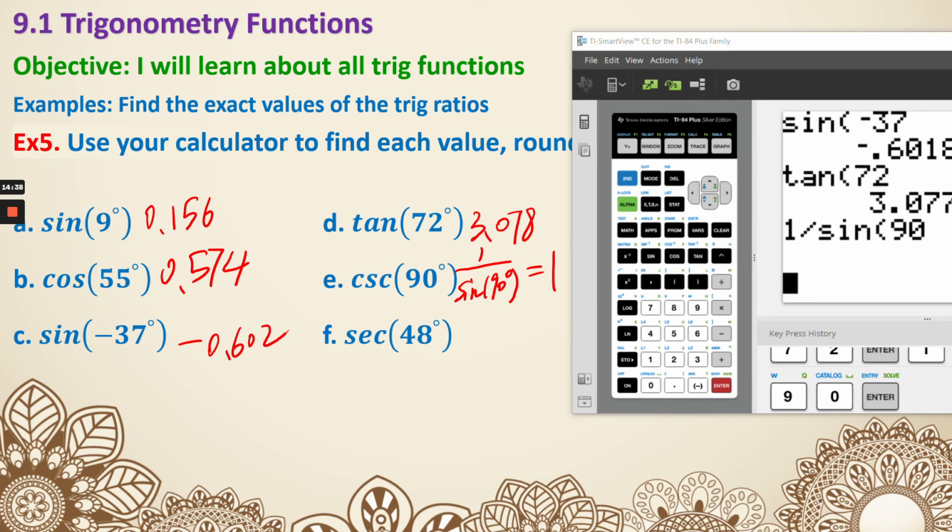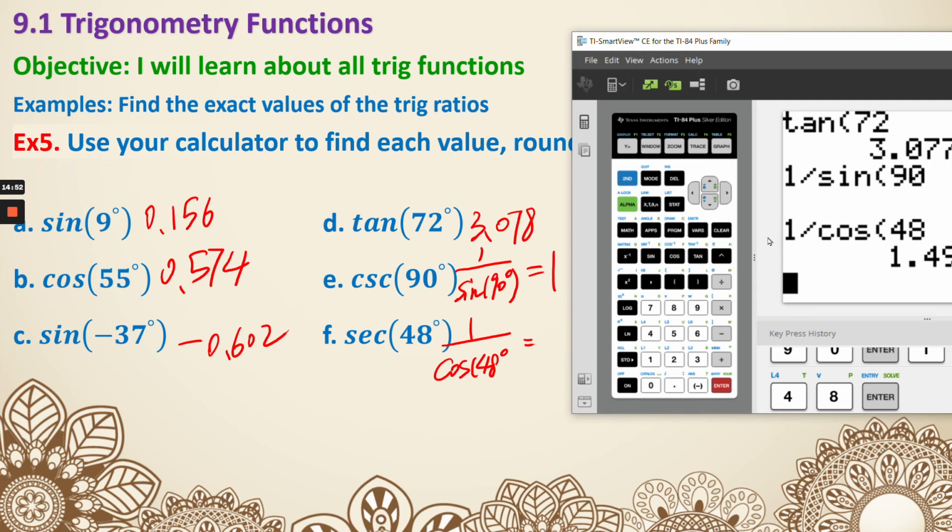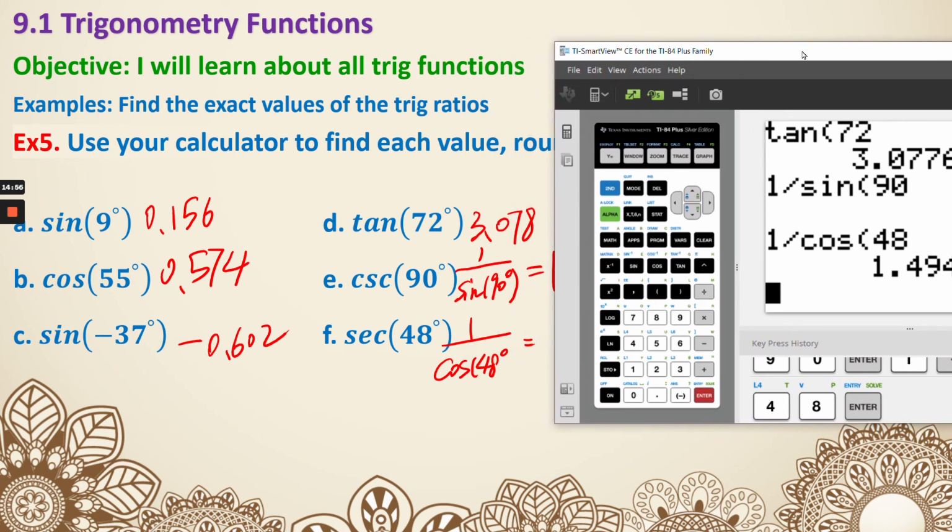Secant, we're going to do the same thing. It is 1 over cosine 48 degrees. And so we type in 1 divided by cosine 48 degrees. And that is going to give us right here 1.494.